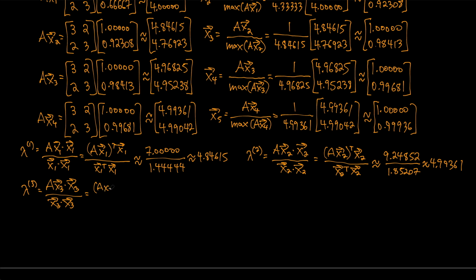So that's AX3 transpose X3 over X3 transpose X3, giving us 9.84203 over 1.96851, which is about 4.99974.